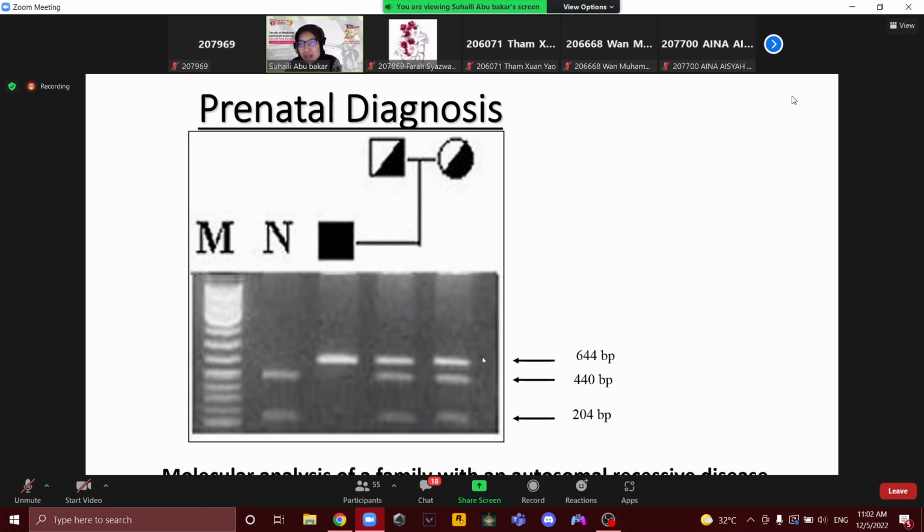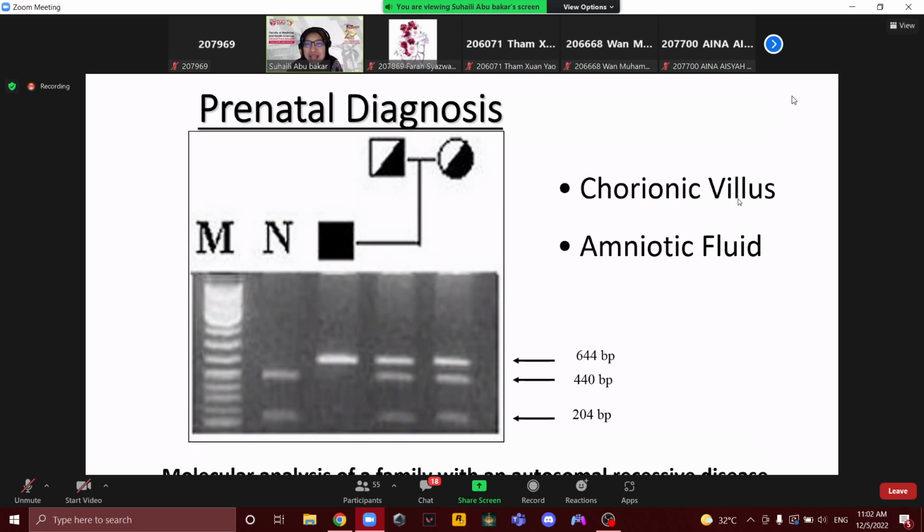You don't know which version, cut version or uncut version, until you do this. So when you do this, you can see that it gives you information on which chromosome. This is how. Okay? That's the name here. Okay, that's it.